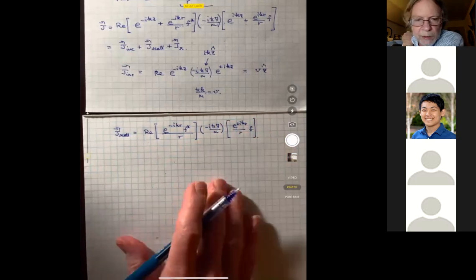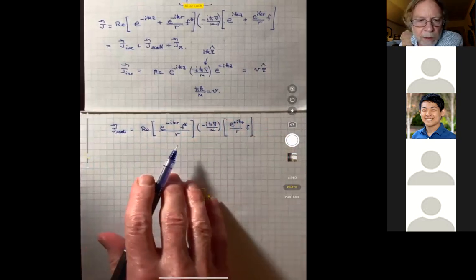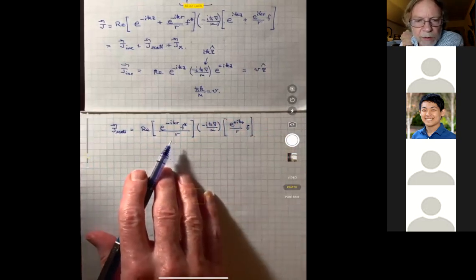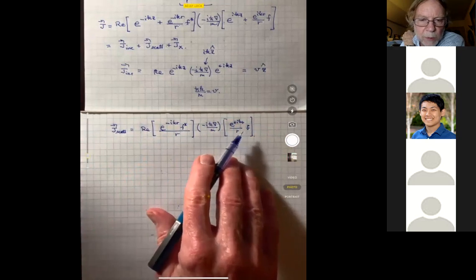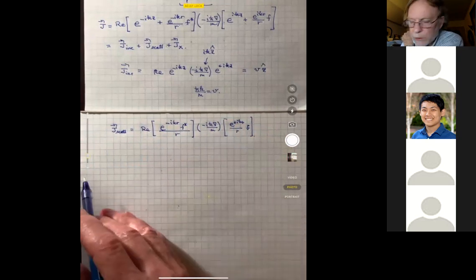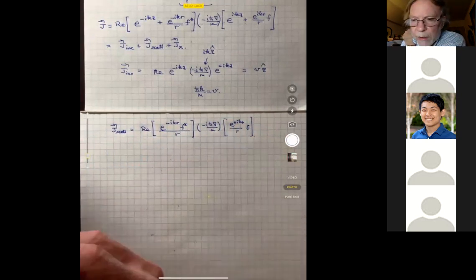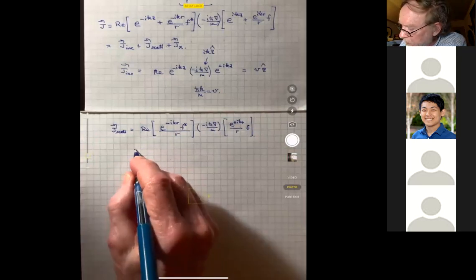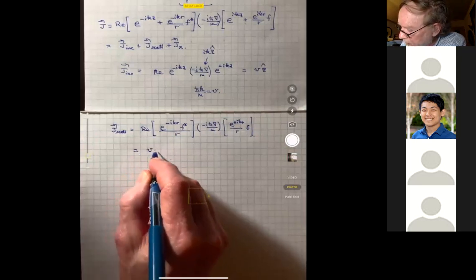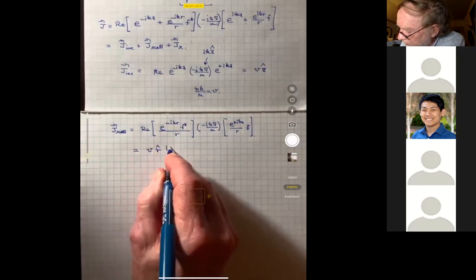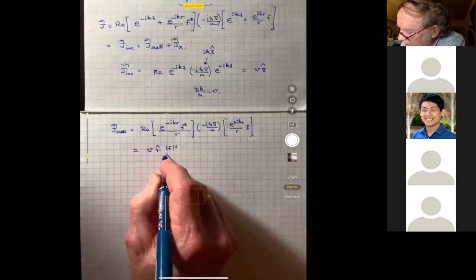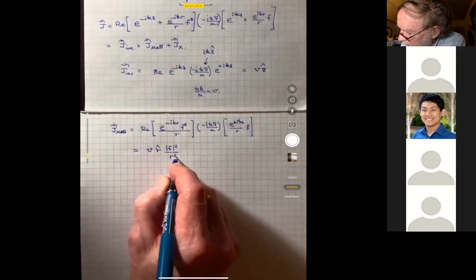Now we did this calculation earlier in calculating the scattering flux, when I showed you that the differential cross section was the square of the scattering amplitude, f squared. That was the result of that calculation. So I won't go through the calculation of the flux again, but this turns into v times the radial direction r hat times the absolute value of f squared, and the whole thing gets divided by r squared.